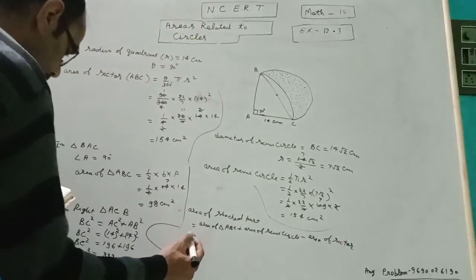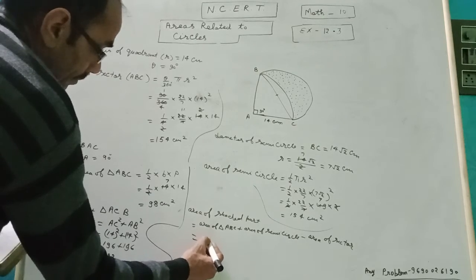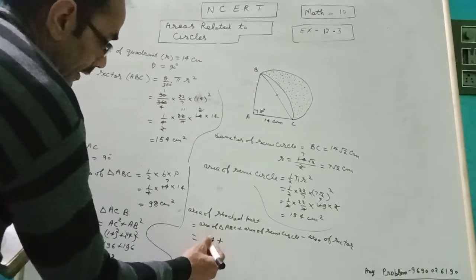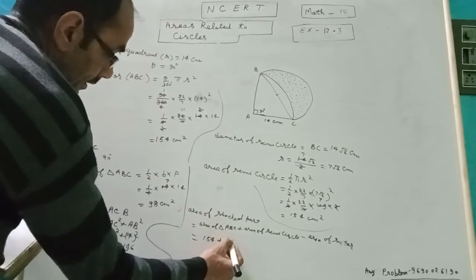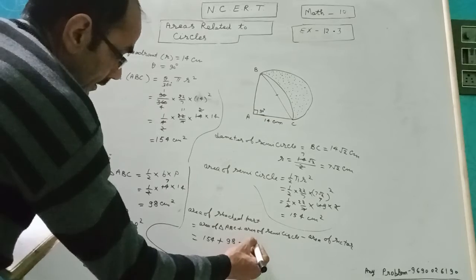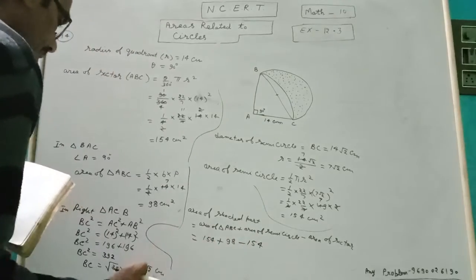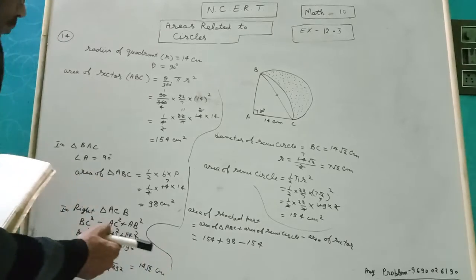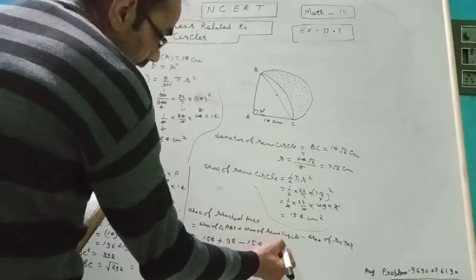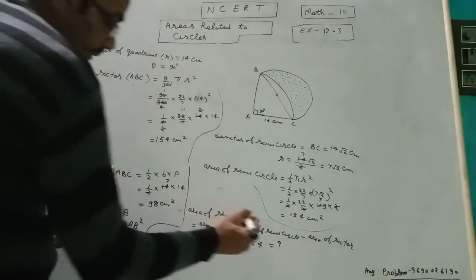Area of semicircle is 154, area of triangle is 98, and minus 154, the area of sector.